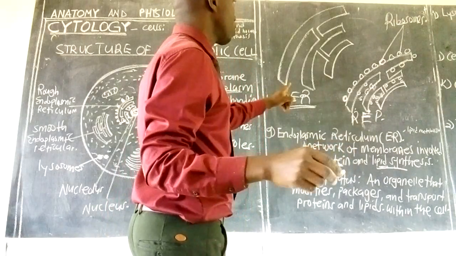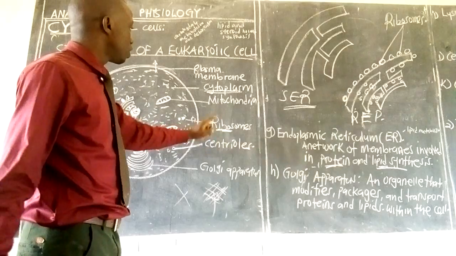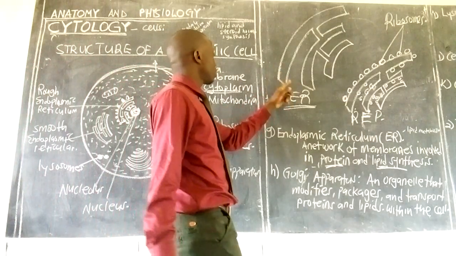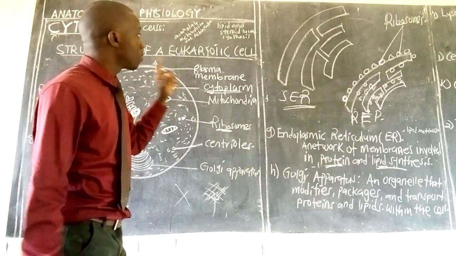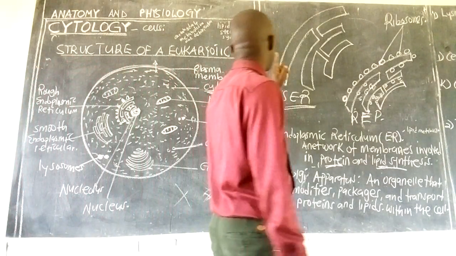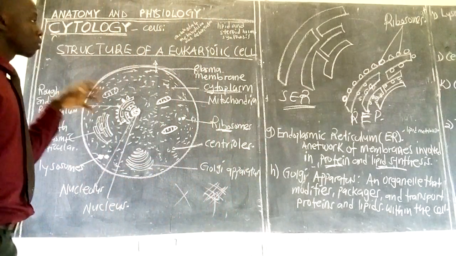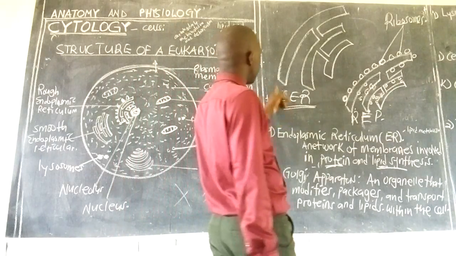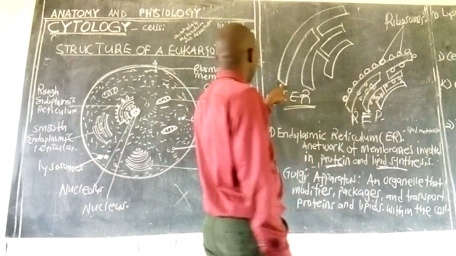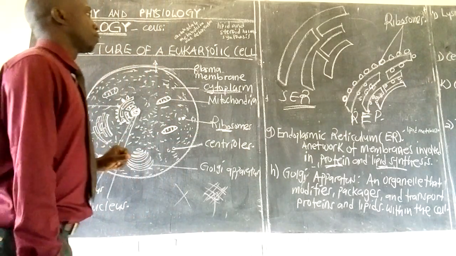When you come to the smooth endoplasmic reticulum, it has no ribosomes attached to it. And the ribosomes' main function is protein synthesis. So since it has nothing to do with ribosomes, it has nothing to do with the proteins. But its main function is lipid and cellular hormone synthesis. The smooth endoplasmic reticulum helps in synthesis of lipids and steroid hormones.